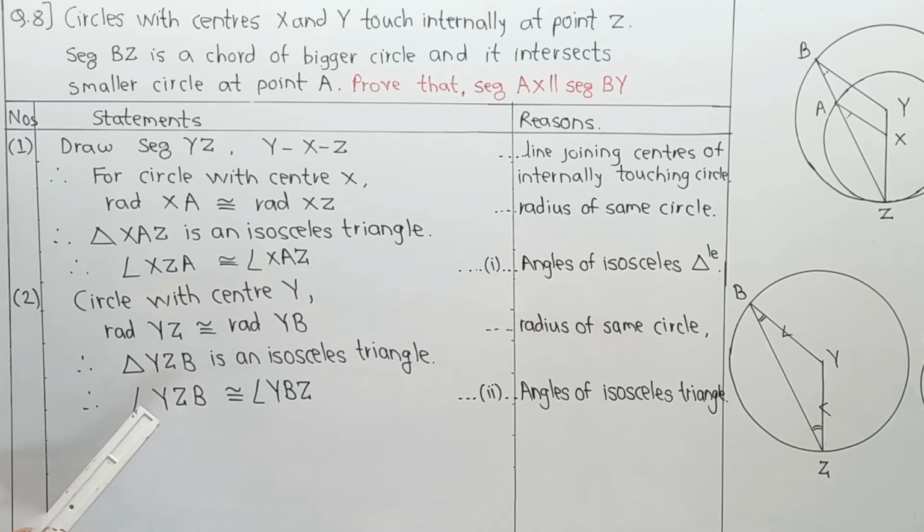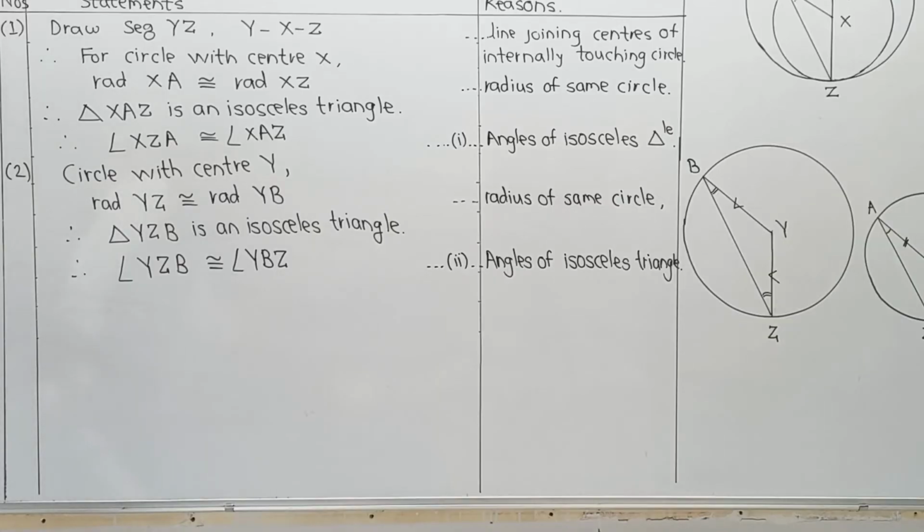Now, here angle YZB is congruent to angle YBZ as equation number 2. Now observe the part over here carefully. Equations 1 and 2 contain one part, and that part is most important from an understanding point of view. What is that?